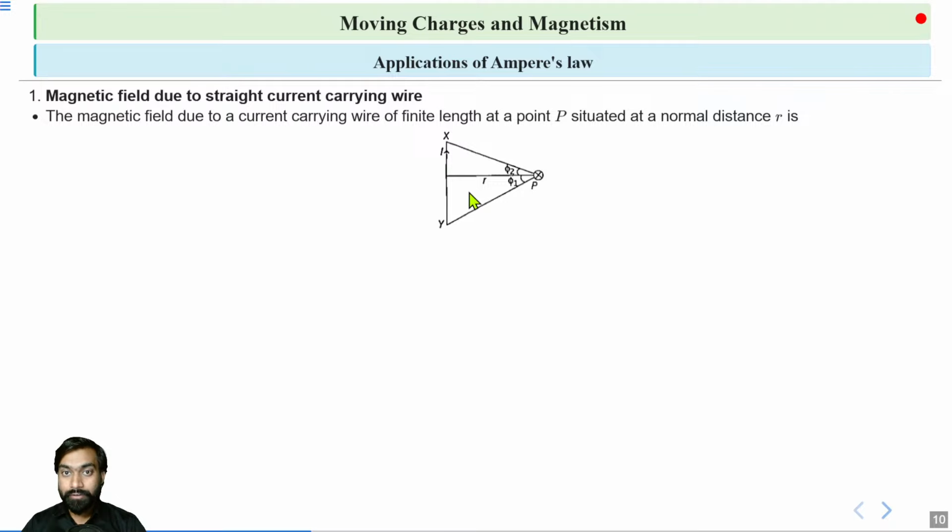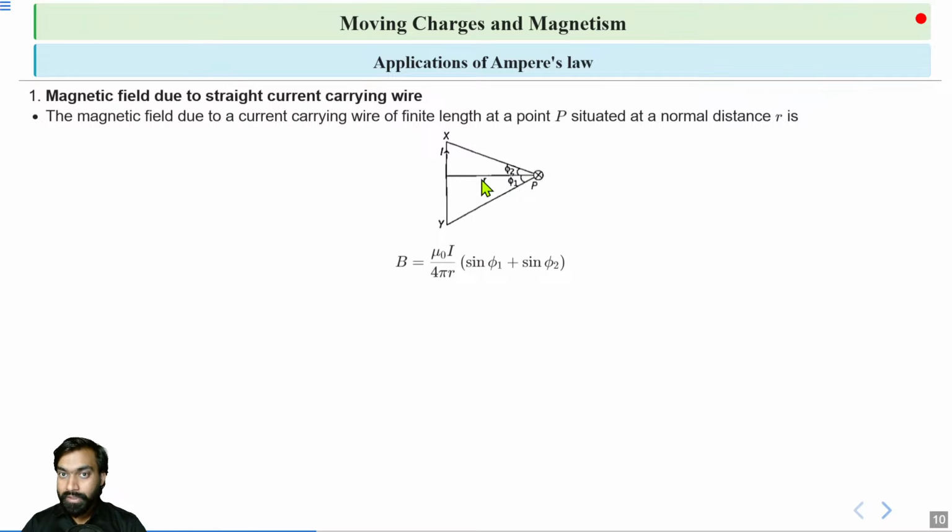The wire has finite length, and the angles subtended from the ends of the wire at point P are phi 1 and phi 2 as shown in the figure.